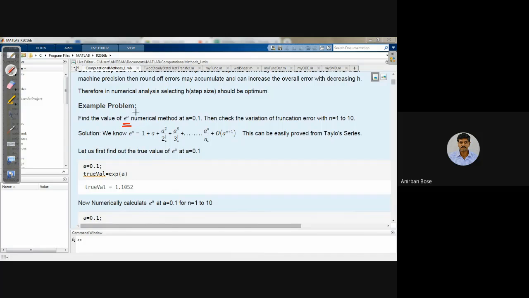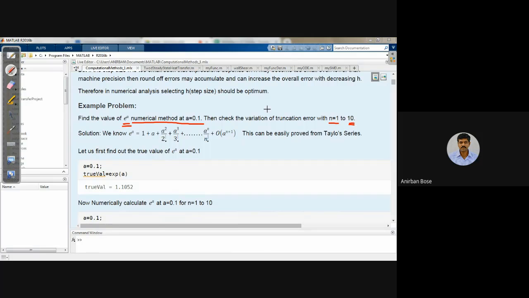We will find the numerical value of e to the power a for a is equal to 0.1. So basically we are interested in finding e to the power 0.1, and then checking the variation of the truncation error if we take n equal to 1, 2, 3, 4, and 10.